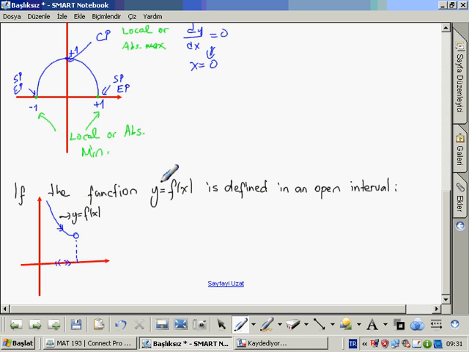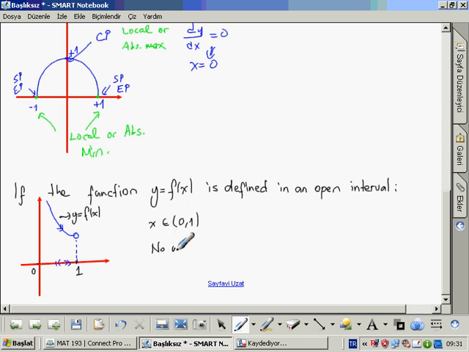The x element of this point is 1 and this point is 0, so x is an element of the open interval (0, 1). What can we say about it? We can say no maximum.